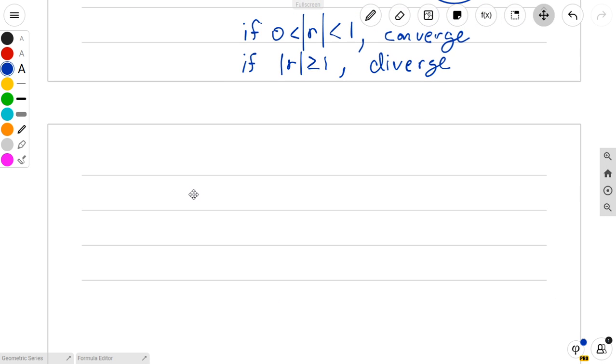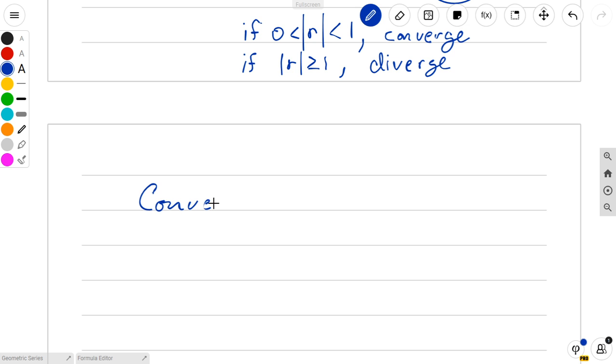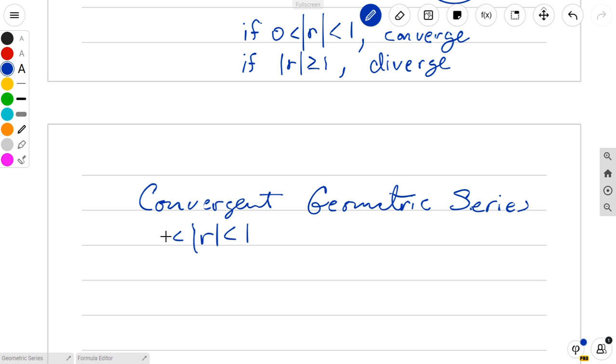So the simplified formula for the convergence of a geometric series, with your common ratio being less than 1 but greater than 0, is that we're always going to get the sum of that series to be equal to the first term divided by 1 minus the common ratio r.